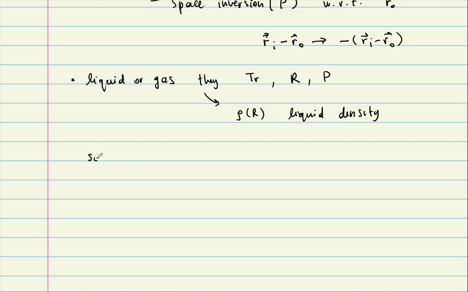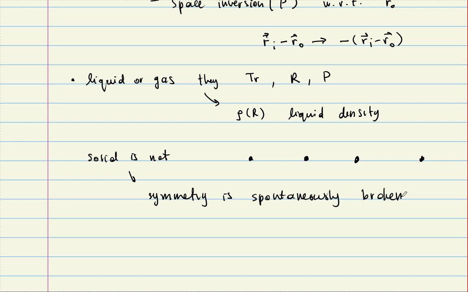However, a solid is not. If you want, something like this, you have atoms separated. I'm drawing a one-dimensional cartoon, but you can generalize it to two and three dimensions. And we say that in a solid, symmetry is spontaneously broken. Why it's broken, we don't care, though we can also speak about that.